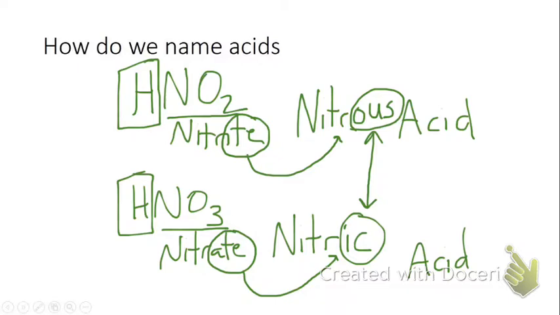Because not only does it tell you how to name these things, but it also tells you the charge. Because we need to know the charge. So the charges of both NO2 and NO3 are -1. And since hydrogen is a +1, this is a valid molecular formula because all the charges are equal.